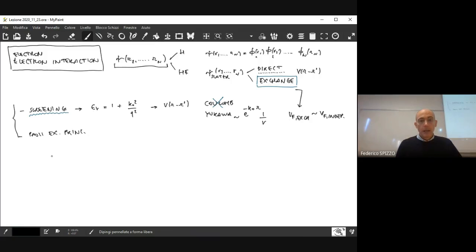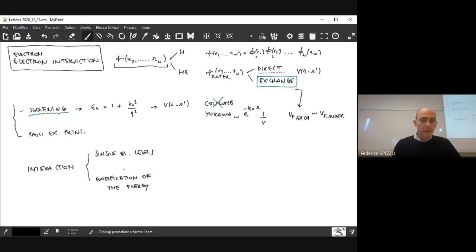And one last point I would like to stress is the fact that in this discussion, the effect of the interaction is described in terms of single electron levels and a modification of the energy.